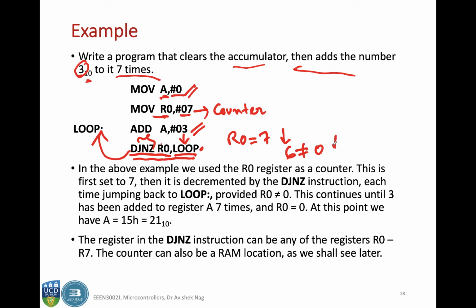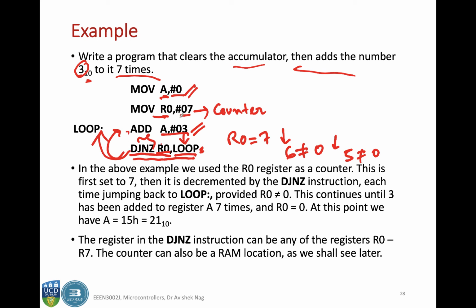R0 is decremented to 5 and it's still not 0, so it will again jump to this line and add again. This loop will run until R0 reaches 0. It keeps decrementing, and when R0 is 0, it will not jump again to this line.